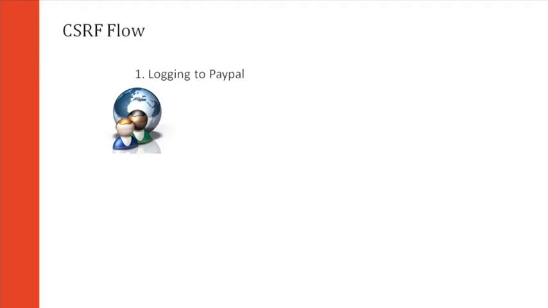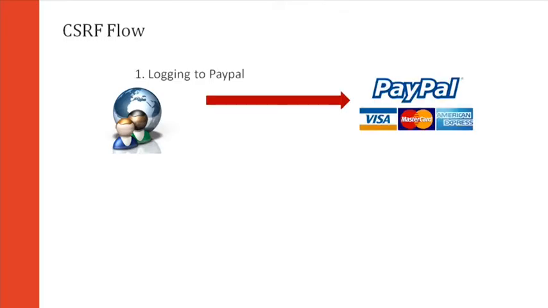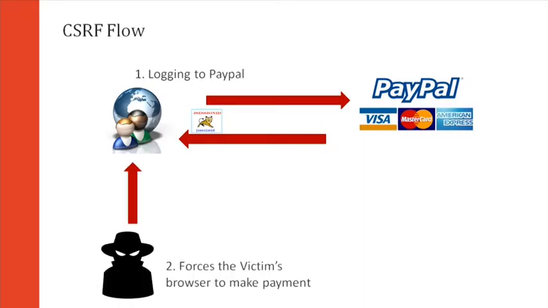Let's see the flow. So here is the end user, or the victim. They log into PayPal. They have access there. They get a session cookie, as you can see. And the attacker, who knows that specific request in PayPal, is going to send a request to the victim so that they visit PayPal and make a payment.